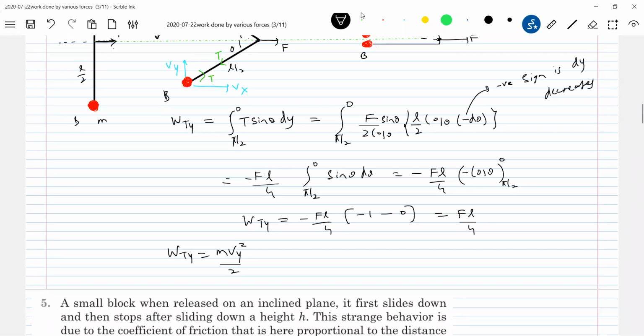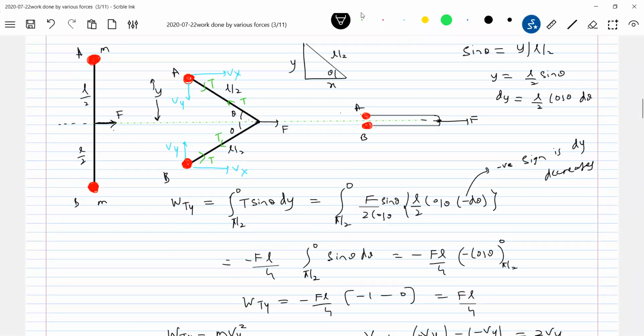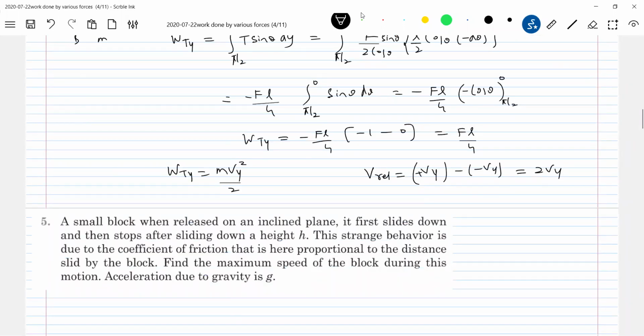Then the relative speed is Vy plus Vy, since they are approaching each other. The relative speed is 2 Vy, looking at the y components of velocities. Substituting this, I get Vy as 1 meter per second after solving, so the relative speed will be 2 meters per second.